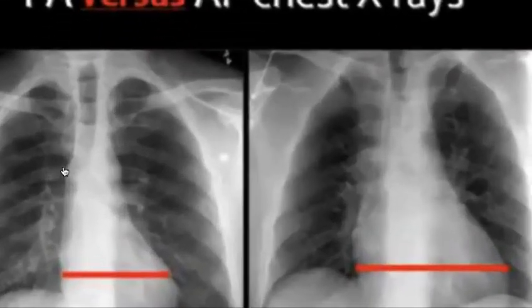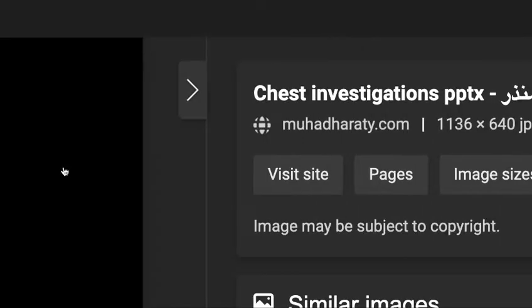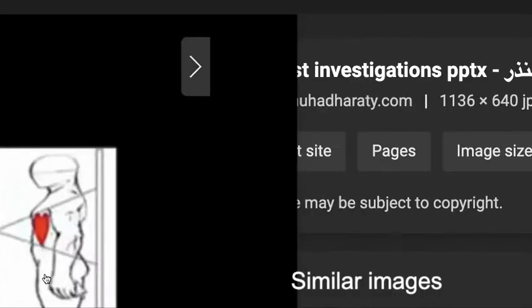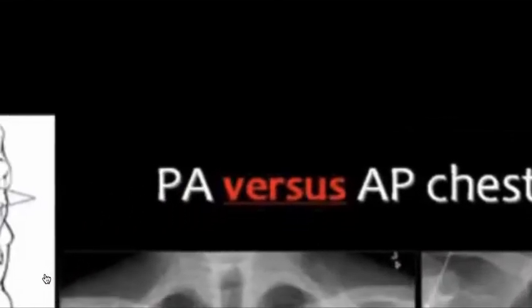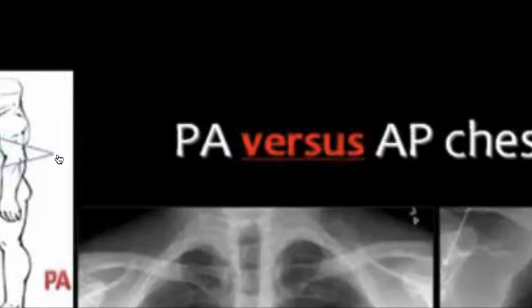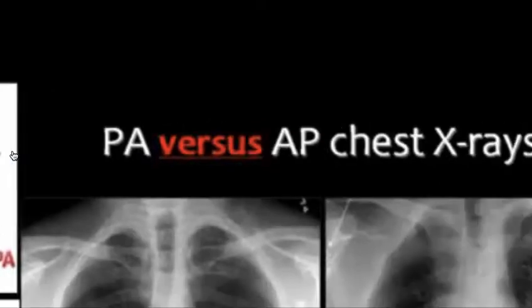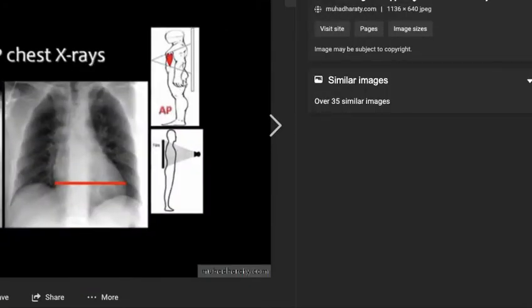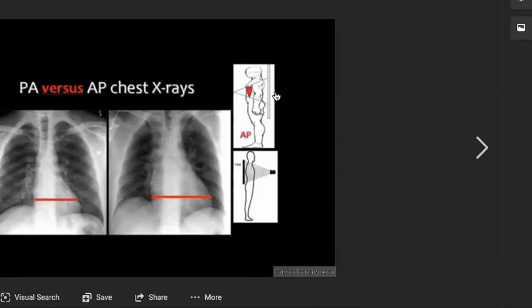In the PA view, the heart is towards the film, and in this one the heart is basically away from the film.